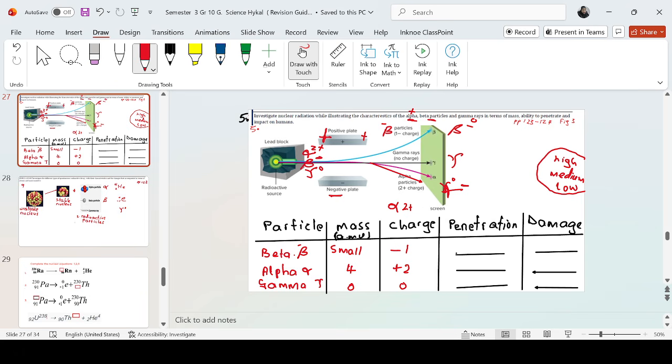Particle, beta, which is an electron. They are very small. So because they are very small, if you are hit by a small particle, the damage is low. Alpha, the mass is 4 times. So the damage is very high.